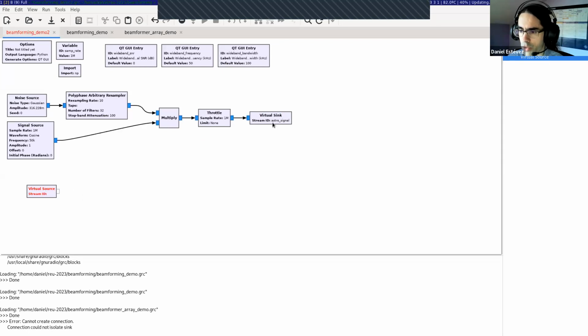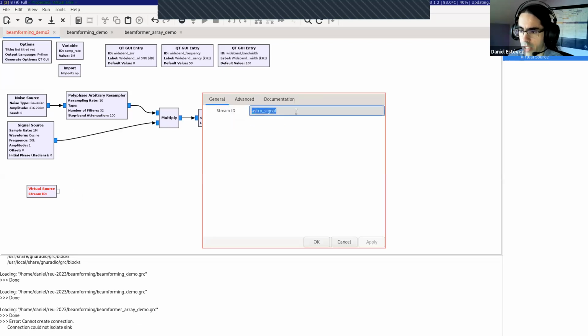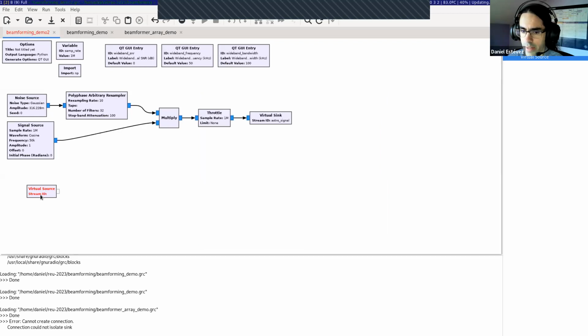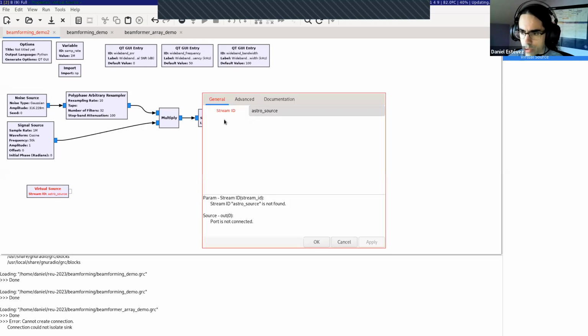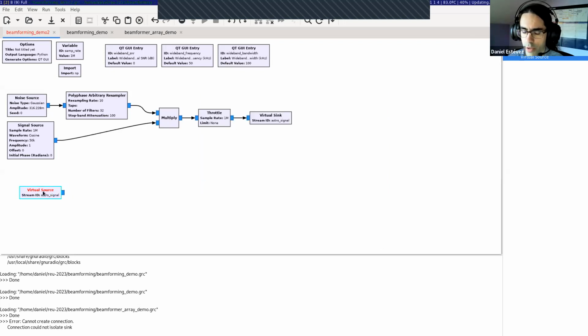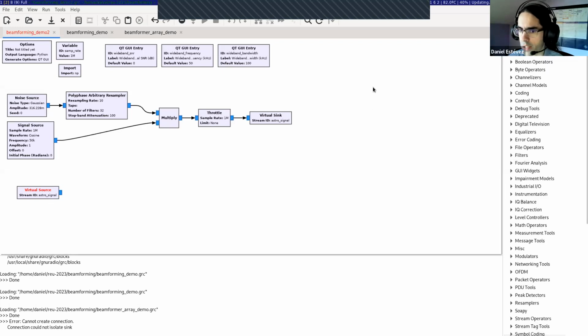So what you can do is set some stream ID here, which is just a name. And then you can have one or multiple virtual sources with the matching astro signal. This needs to match on the sink and the source, and you can have as many sources as you want rather than running a direct connection. So it's a way to keep things nice and tidy.